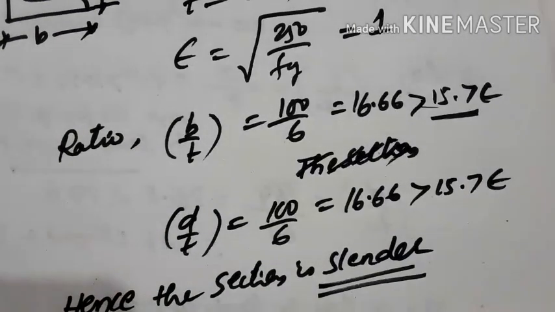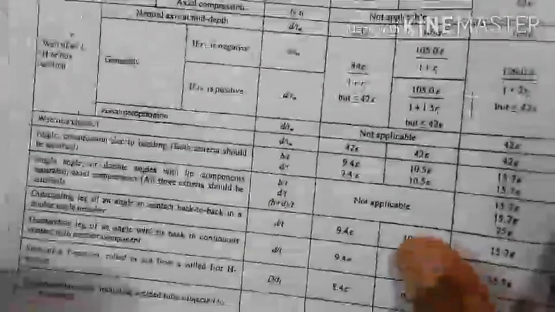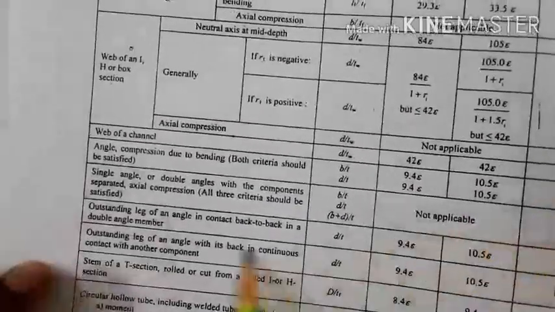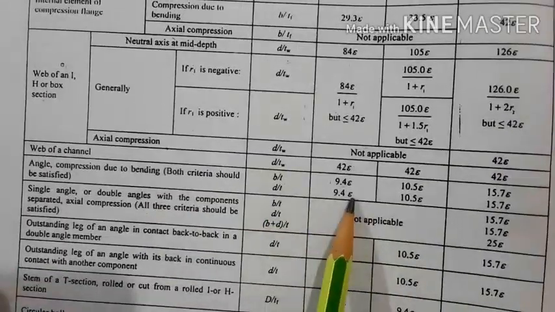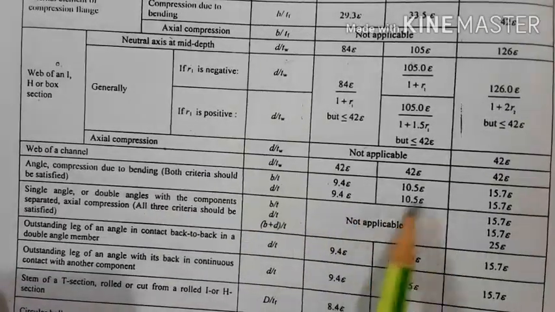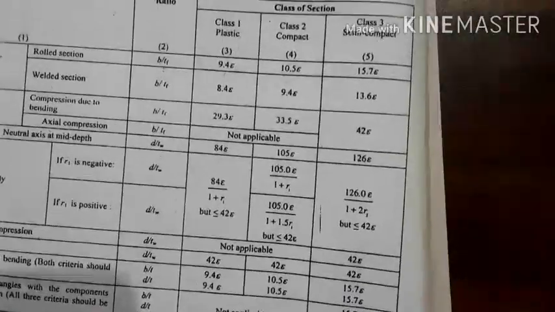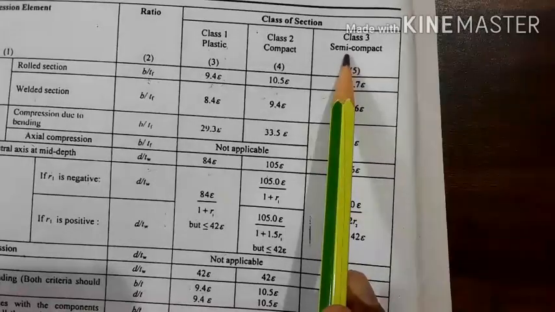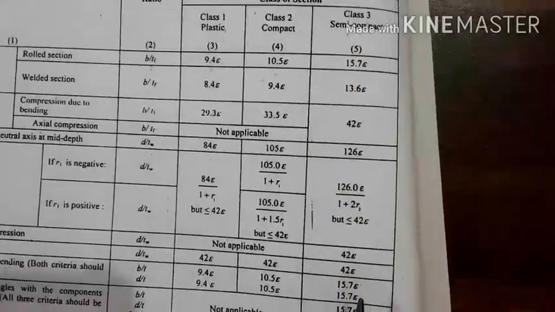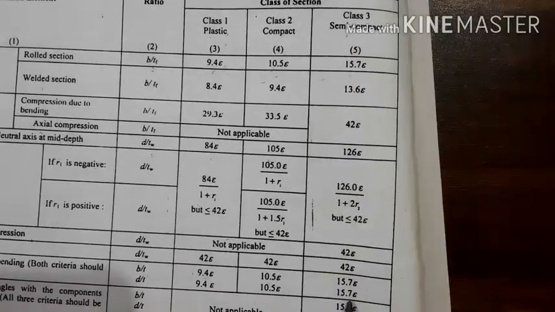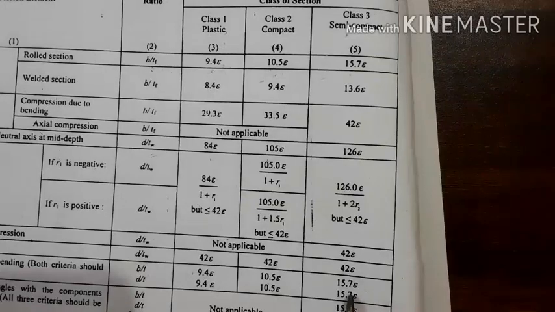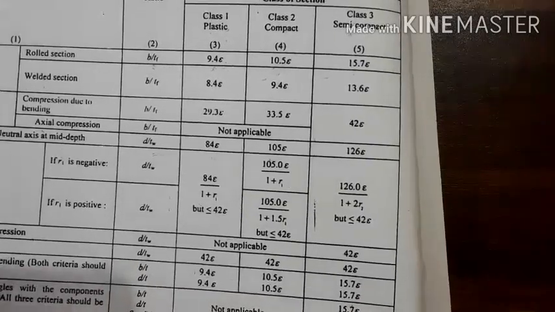Here for angle section compression, it is given d by t. Up to 15.7 is which section? Semi-compact section. If it is crossing 15.7, then it is a slender section.